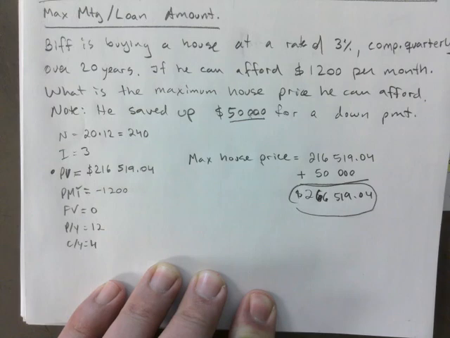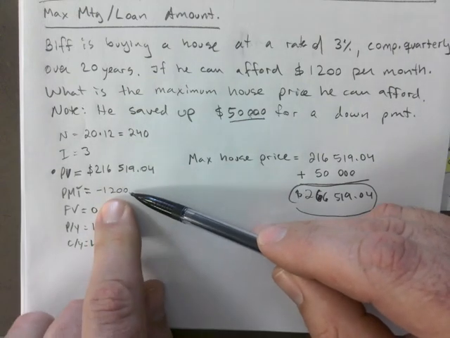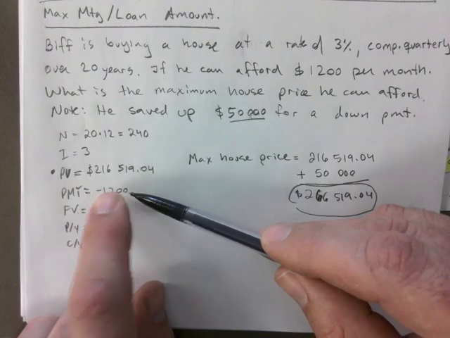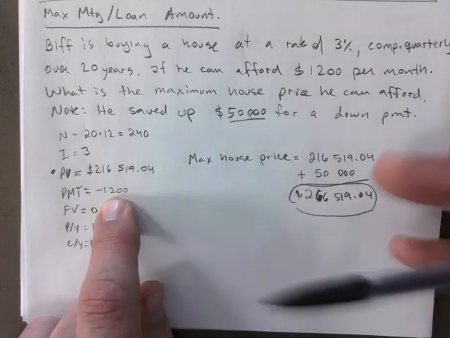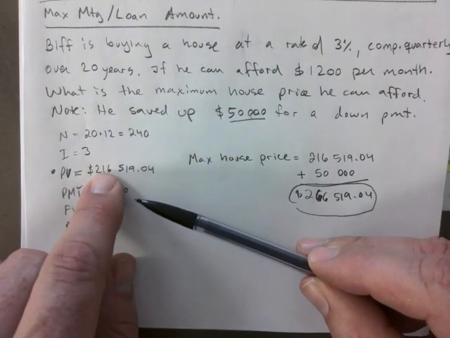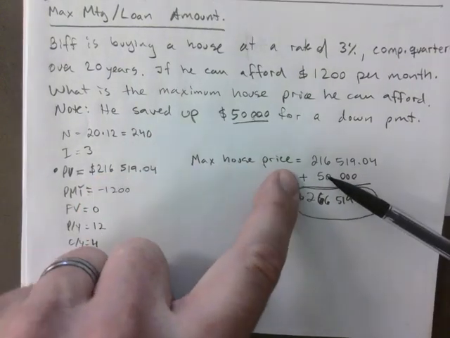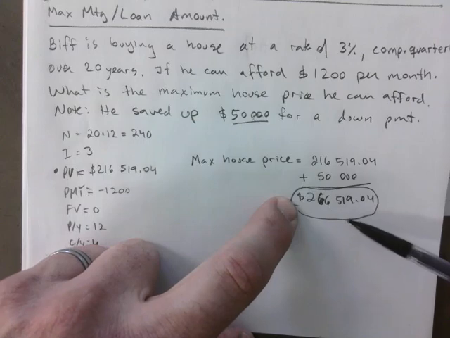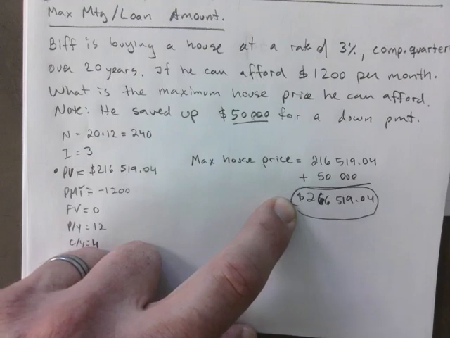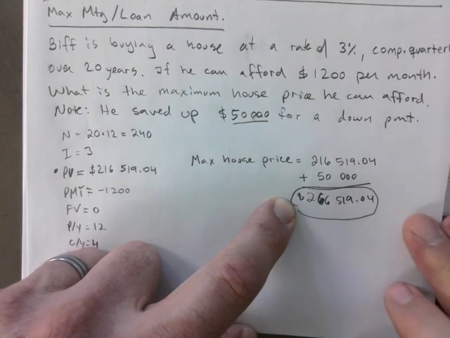Well, they'll be like, how much can you pay a month? They'll do the GDSR thing, right? It's like, well, your maximum housing or mortgage amount could be $1,500, $1,600. They'll base it on your income. And then they'll go backwards, figure this out, see how much you have saved up for a down payment, and then say, well, you can look for a house. They're usually going to give you a range. You can look for a house between $250,000 and $300,000, okay? And then it depends on obviously how much your down payment is, and so forth.